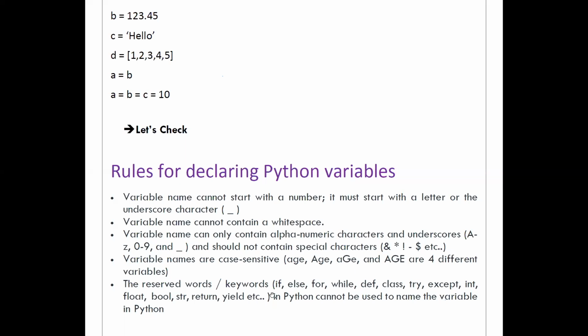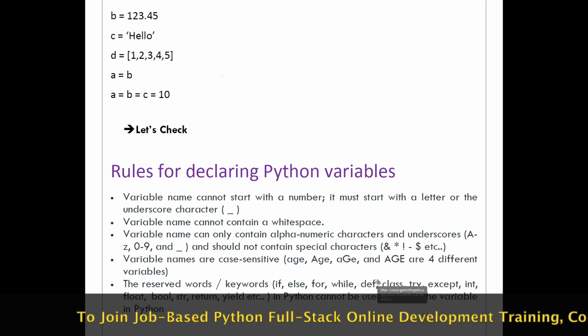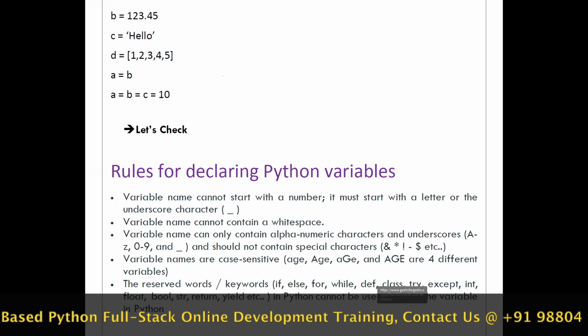There are many keywords. Say, for example, in 3.11, around 35 keywords are there. So what are those keywords? These keywords will help us to construct the programming language. Every programming language has its own standard built-in keywords to build a program. So it will help us to create syntax, instructions, statements in a program.